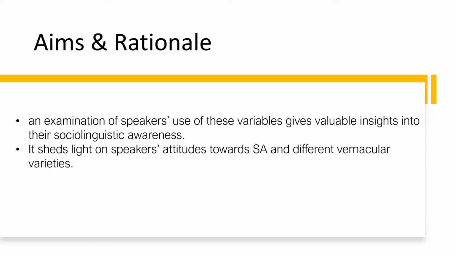However, given the overlap in their realizations in different varieties, an examination of speakers' use of these variables can give us valuable insights into their sociolinguistic awareness as well as their linguistic competence. It also sheds light on their attitudes towards Standard Arabic and different vernacular varieties. So an investigation of these two variables is highly important.